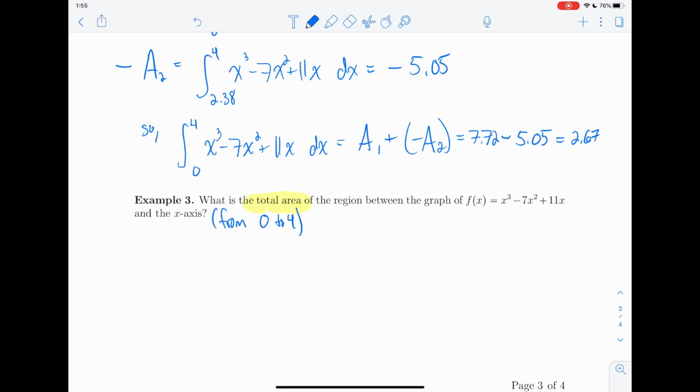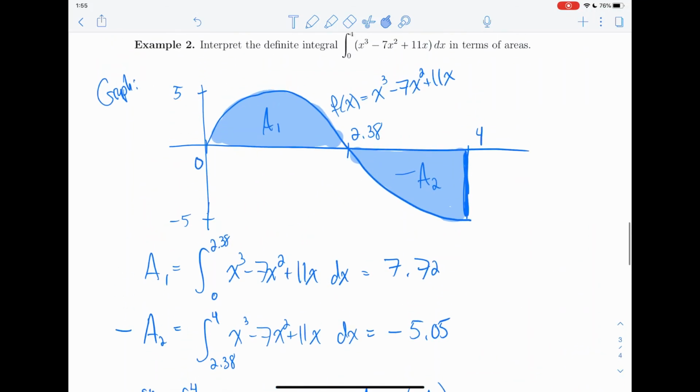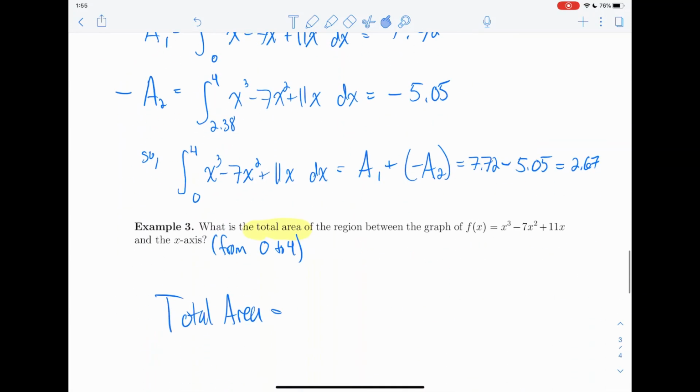And here we have to note that the total area, this means I'm not allowing anything below the x-axis to be a negative. So the total area is not going to have this negative in it. It's just going to be straight up a1 plus a2. So in this case, it's 7.72 coming from the first hump plus 5.05 coming from the second hump, which is 12.77.